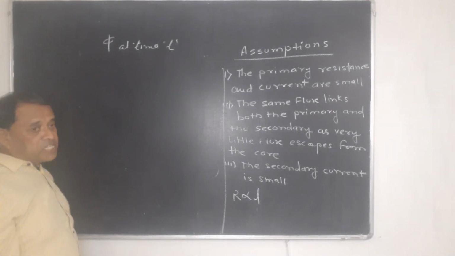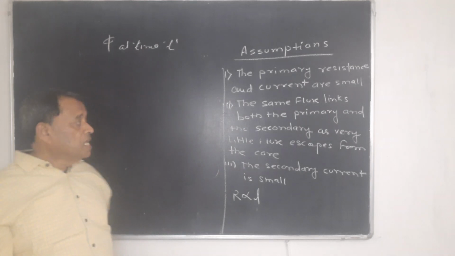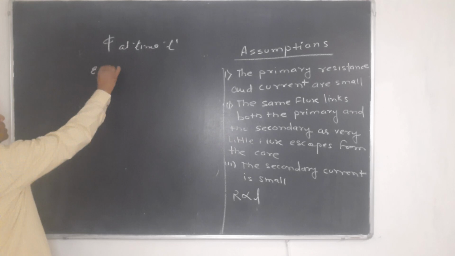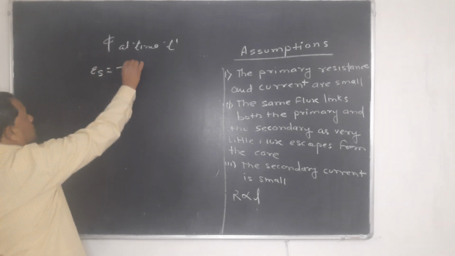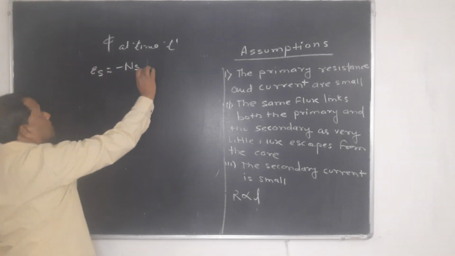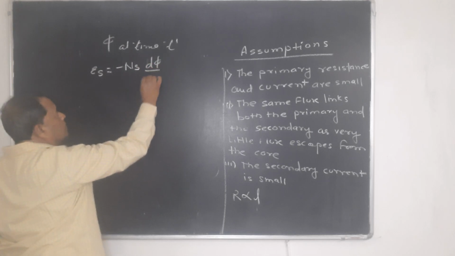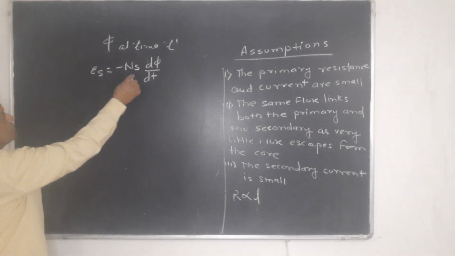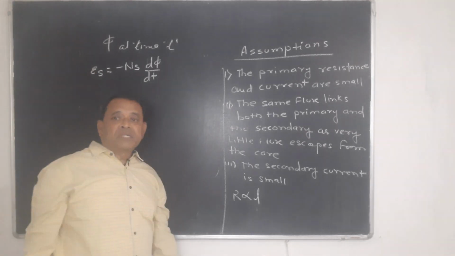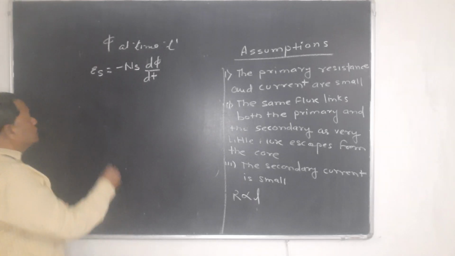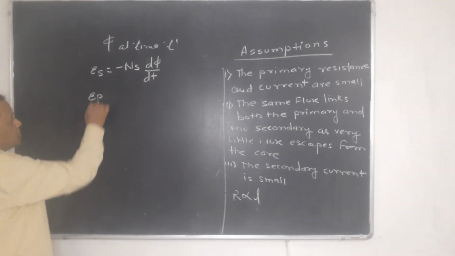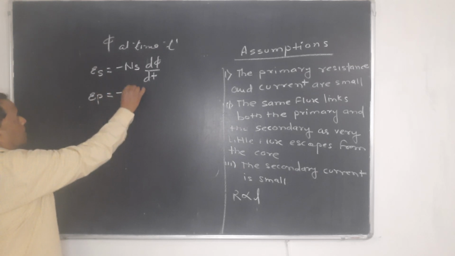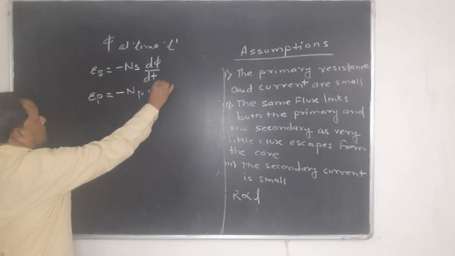As per Faraday's law of electromagnetic induction, the EMF induced in the secondary is given by Es = -Ns d phi upon dt, and this flux depends upon the number of turns in the secondary. Similarly, EMF is also induced in the primary and given by Ep = -Np d phi upon dt.